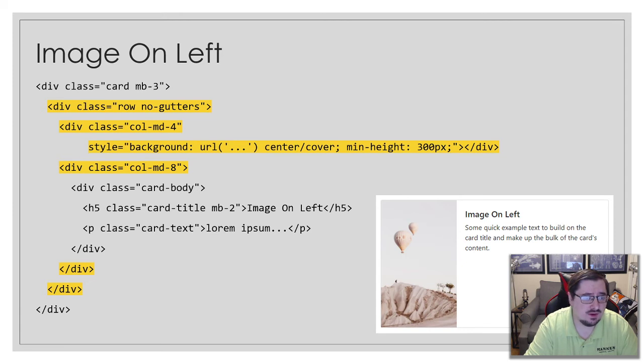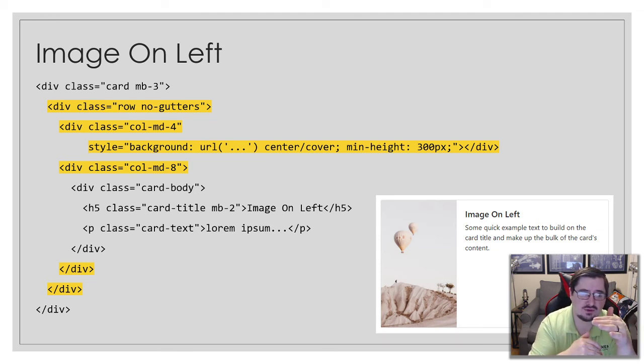Also in there, notice that I've set MD4 and MD8. Remember that means it's going to have that behavior at medium or larger. But by default, it's going to go back to col-12. So if the viewport is narrower than a medium screen size, then they're going to appear vertically.